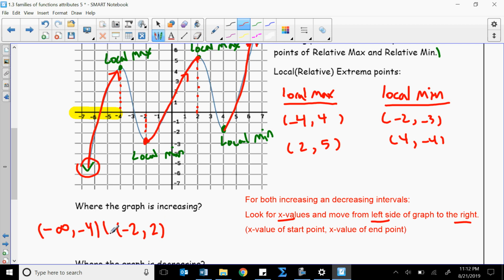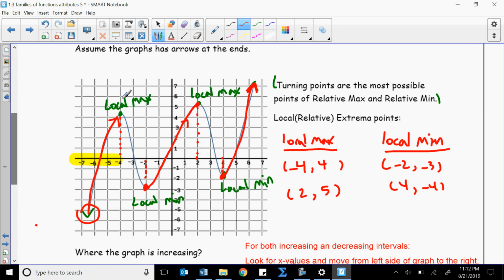I'm going to write a union sign here to show that they are actually connected. Another union sign for the last part. Again, this part starts from here and ends here. So the start point has an x value of 4. I write the x value of the start point here, and then the x value of the end point.